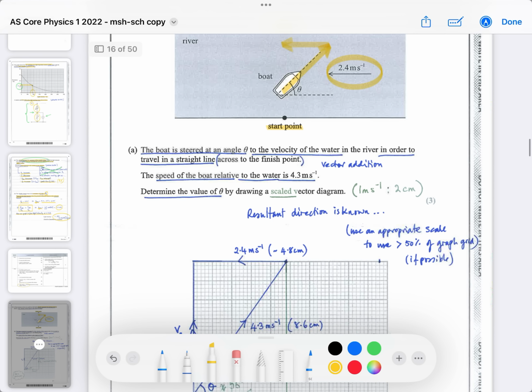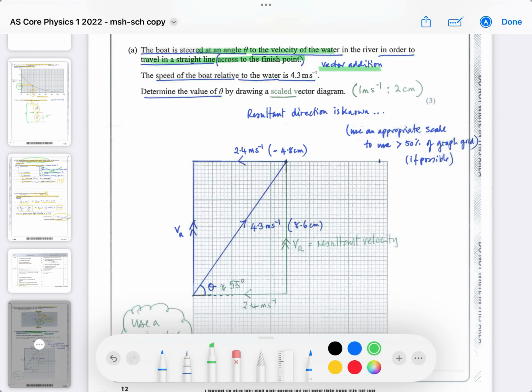Here you can see the boat is steered at an angle theta to the velocity of the water in order to travel forwards in a straight line towards the finishing point. So you've got to use vector addition. So hopefully Sophie got it right this time.